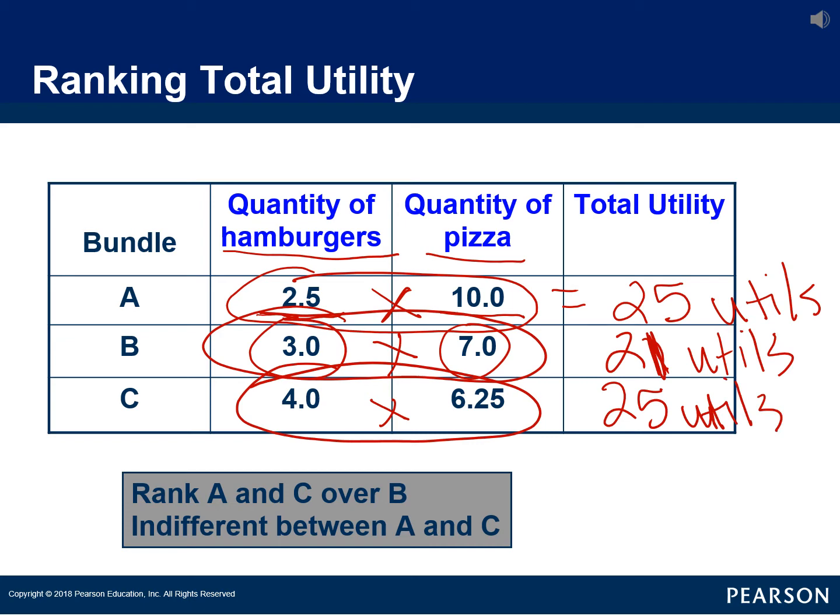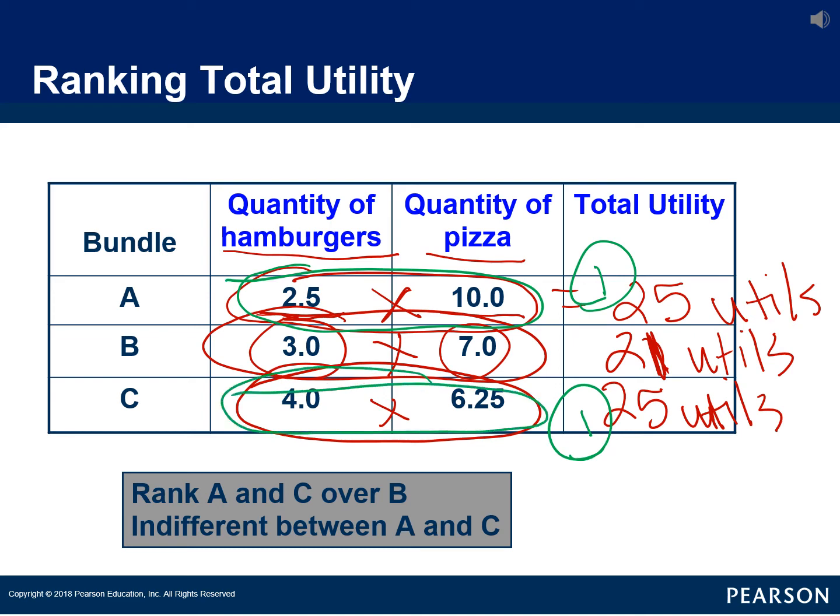So if we had to rank what the consumer would prefer out of all of these combinations, well, bundle A and bundle C are tied. The consumer has no preference between having 2.5 hamburgers with 10 pizzas or 4 hamburgers with 6.25 pizzas.